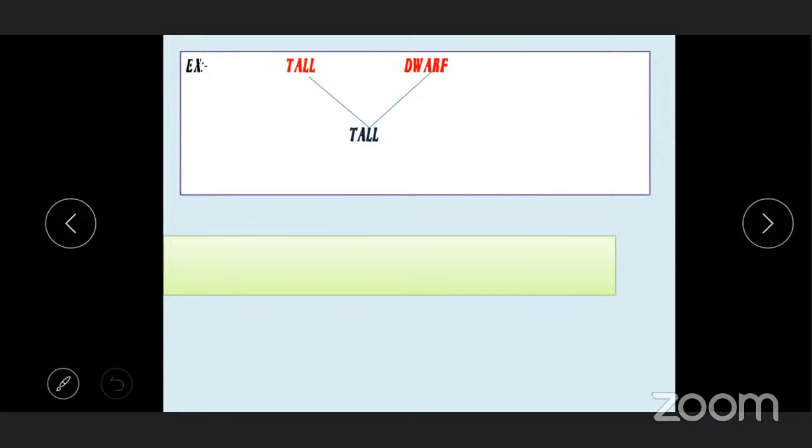That is why in this situation tall is dominant and dwarf is recessive. Dominant is the gene which expresses its character, the visible character. Recessive is the invisible character, unable to express itself. That is dominant and recessive.